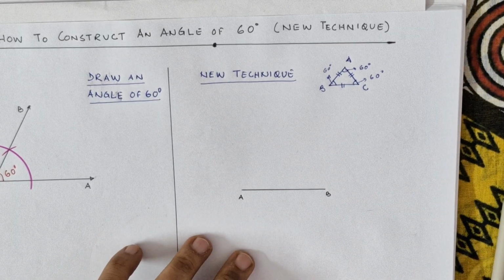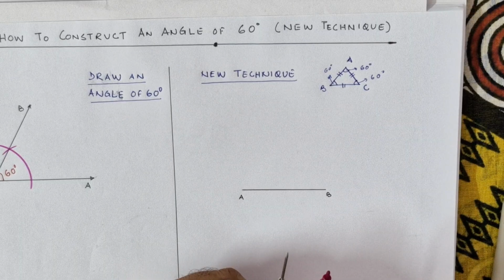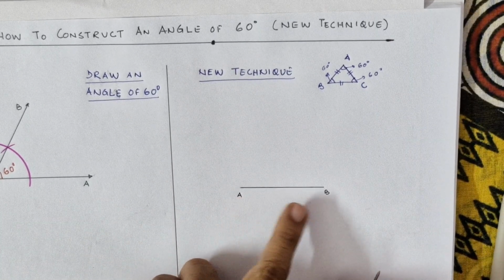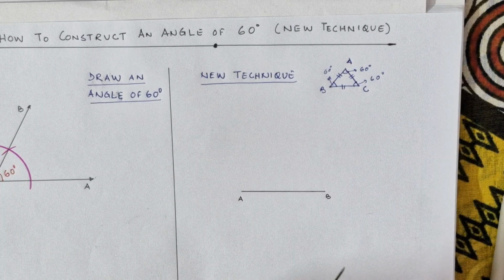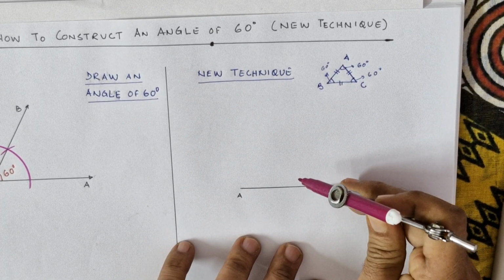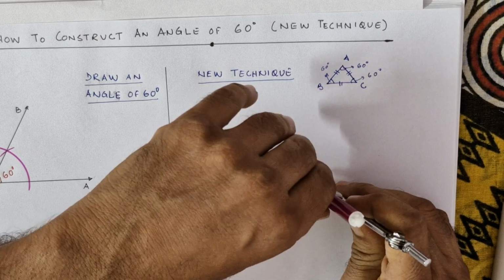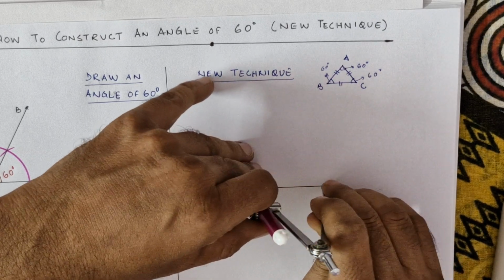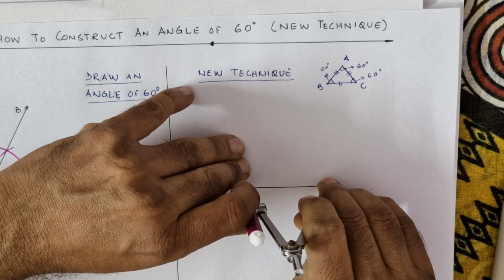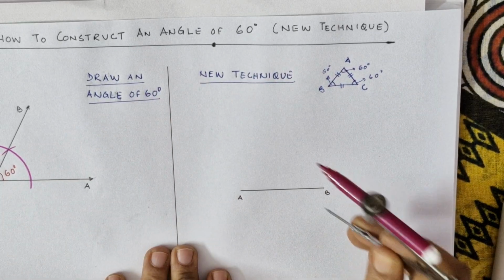Now what do you need to do? See this radius, you remember that we have drawn. Now try to measure this, means make it 5 centimeter. So let's point the needle of the compass on B and measure the length AB, right? So now it has become 5 centimeter.